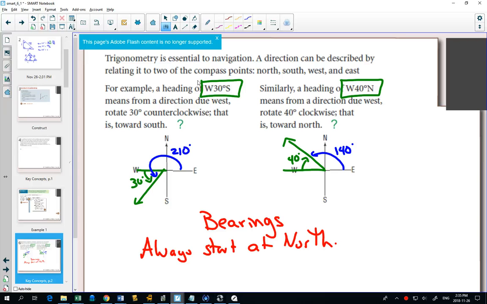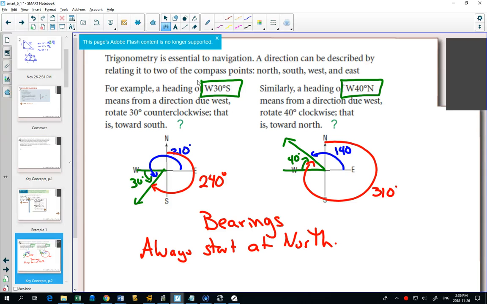So if I was going to do a bearing for this angle, standard angle of 210 degrees, you would start here and say head at a bearing of, what would this be? 180 plus 60 more, 240 degrees. And this one, if you wanted to do a bearing, 270 plus 40, that would be a bearing of 310 degrees.